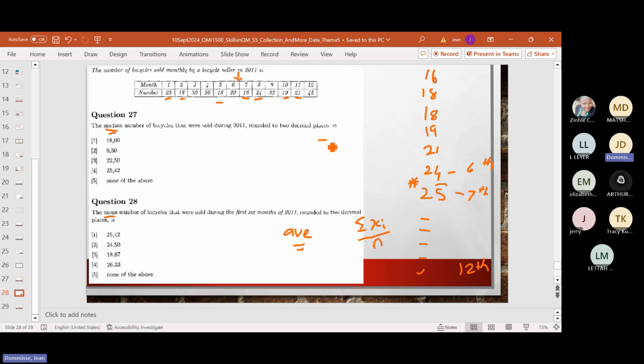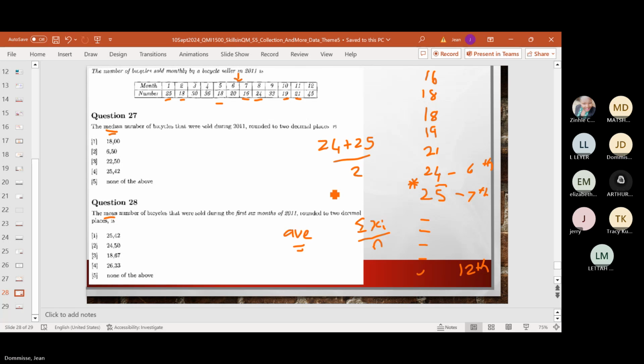That is 24 plus 25 divided by 2, which gives us 24.5. Looking at the options: not 18, not 6.5.